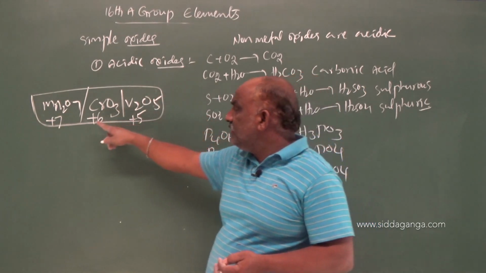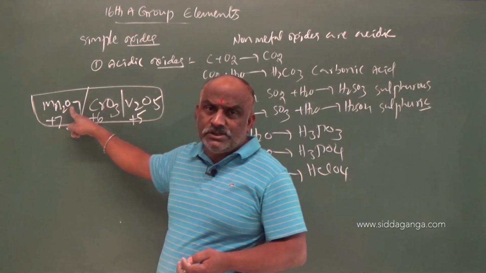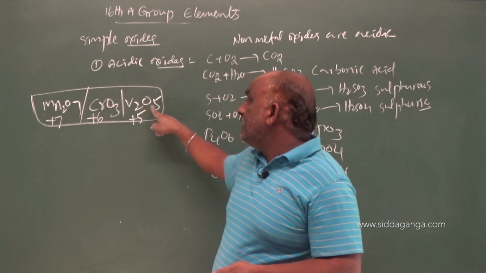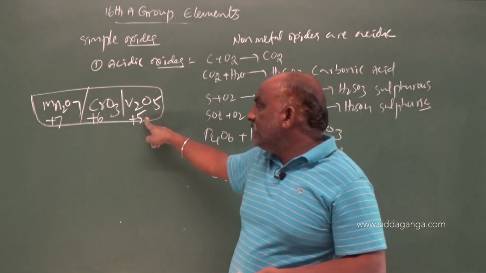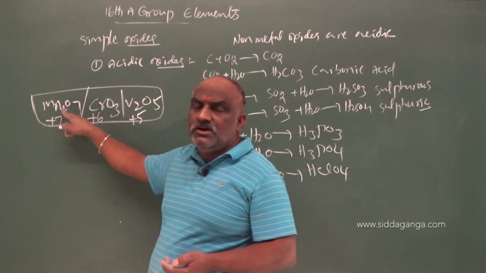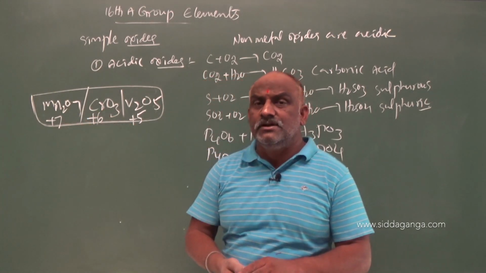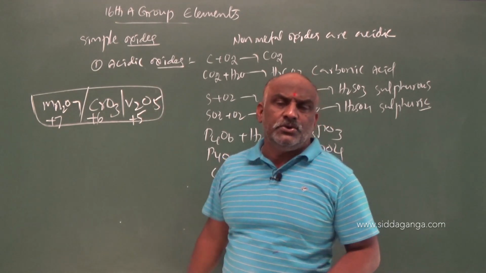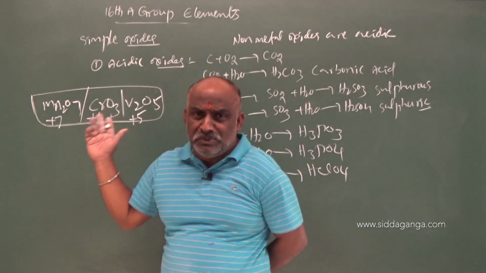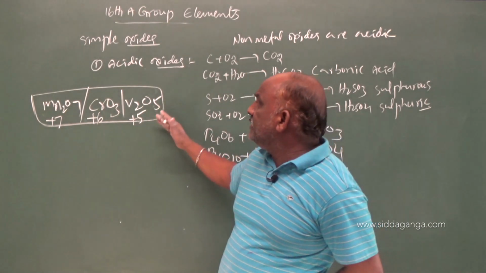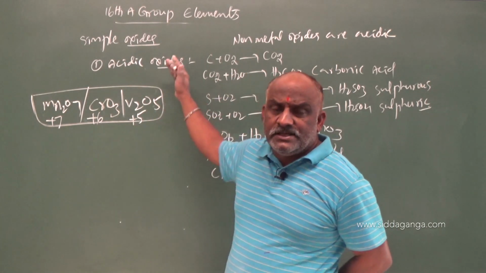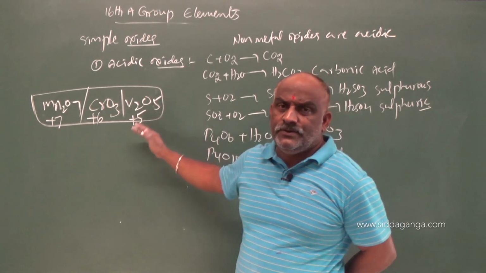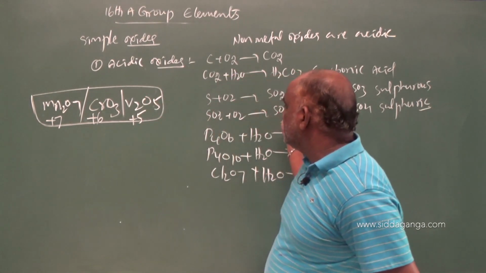So these also neutralize NaOH: Mn2O7, CrO3 and V2O5. Vanadium pentoxide, chromium oxide, manganese oxide: in these examples the constituent elements exhibit higher oxidation levels. Due to that reason, though these are metals, they are said to be acidic oxides. Make a note of this exception.